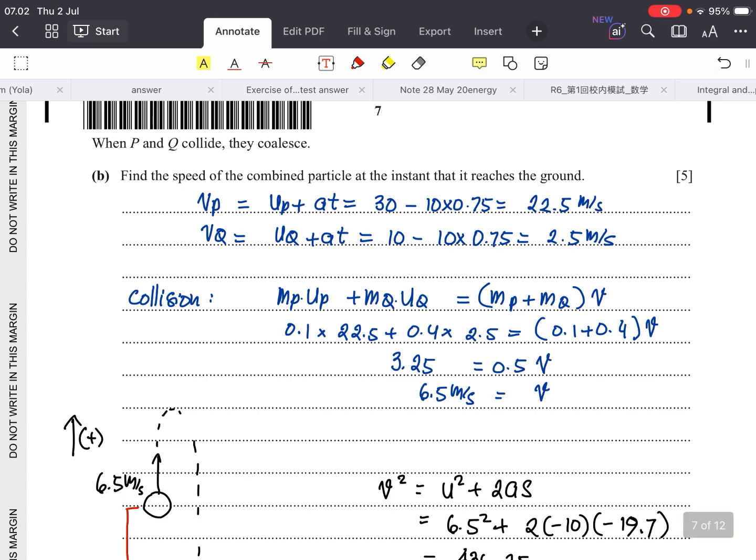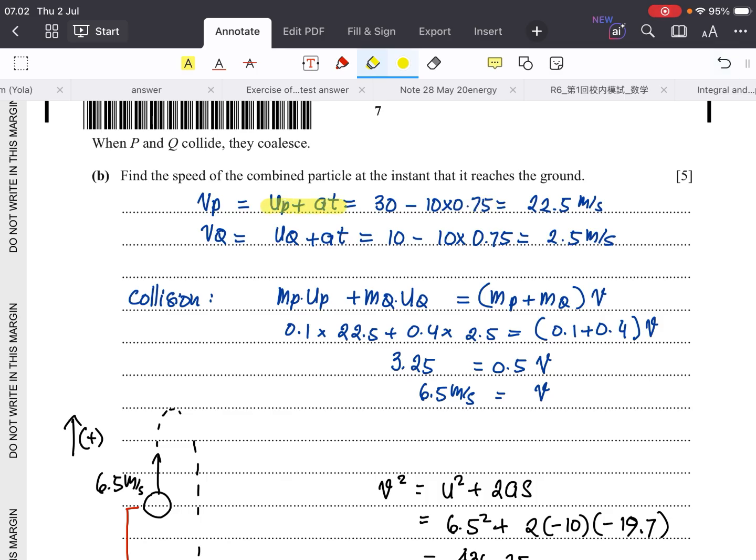When P and Q collide, they coalesce. Find the speed of the combined particle at the instant that it reaches the ground. So first, we need to find the speed of both P and Q after 0.75 seconds.